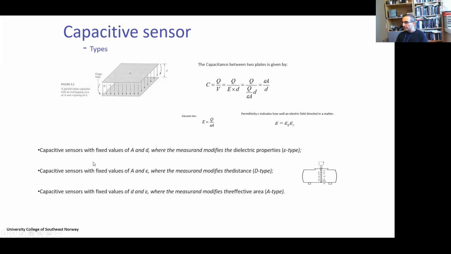So if we change the epsilon by changing the material between the two plates, then we can basically have a capacitor that measures the permittivity of the materials. Such sensors are being used, I know, in the oil industry when the oil is pumped up from the well.